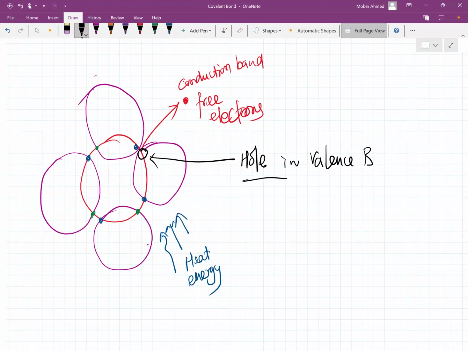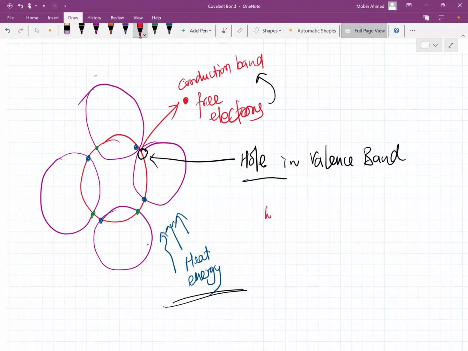Free electrons will be there in the conduction band, whereas the holes will be there in the valence band. Always, the hole is going to be in the valence band. Now, this happens due to the external energy.